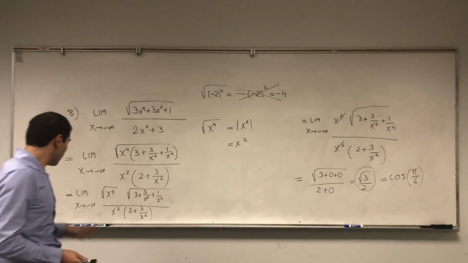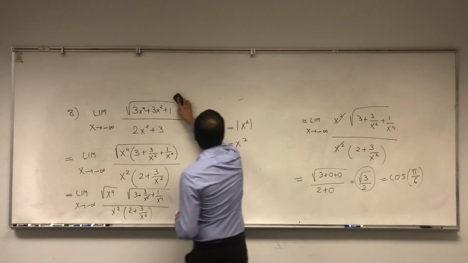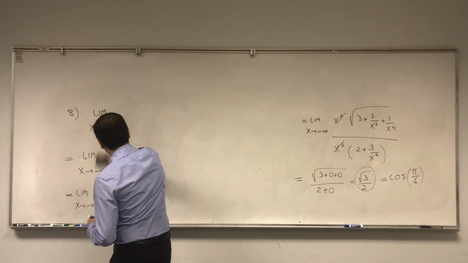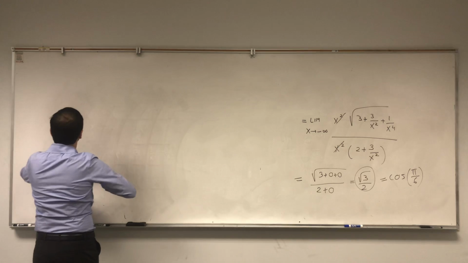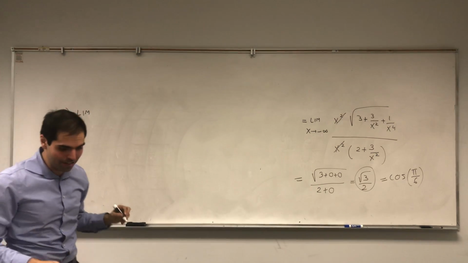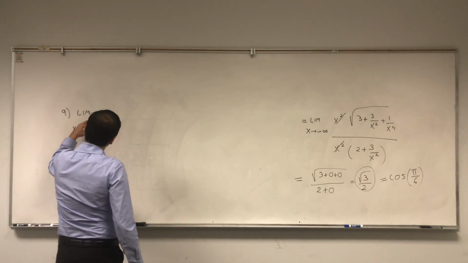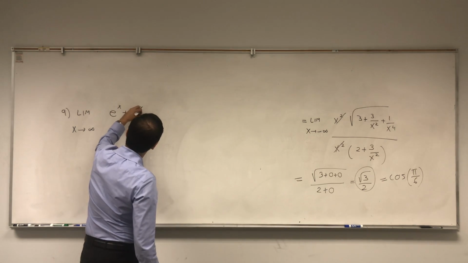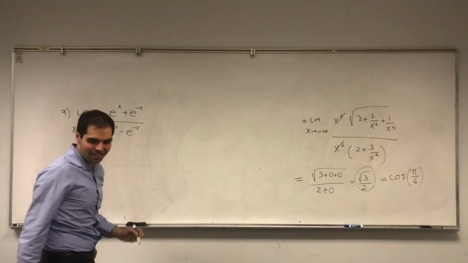And then two more, so let's do another ratio. So, by the way, I don't know how black pen, red pen would do 100 limits like that. I'm already exhausted. So, limit as x goes to infinity of e to the x plus e to the minus x over e to the x minus e to the minus x.